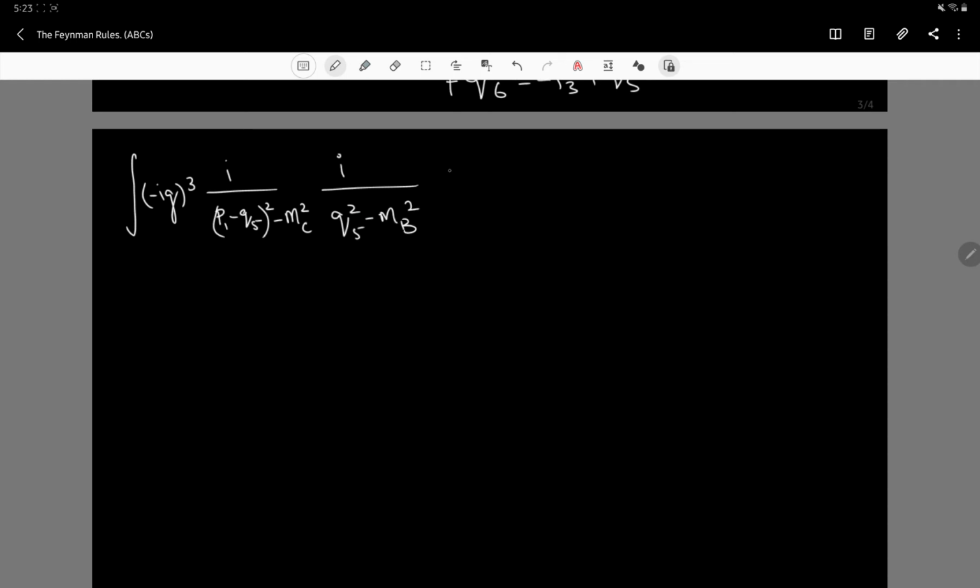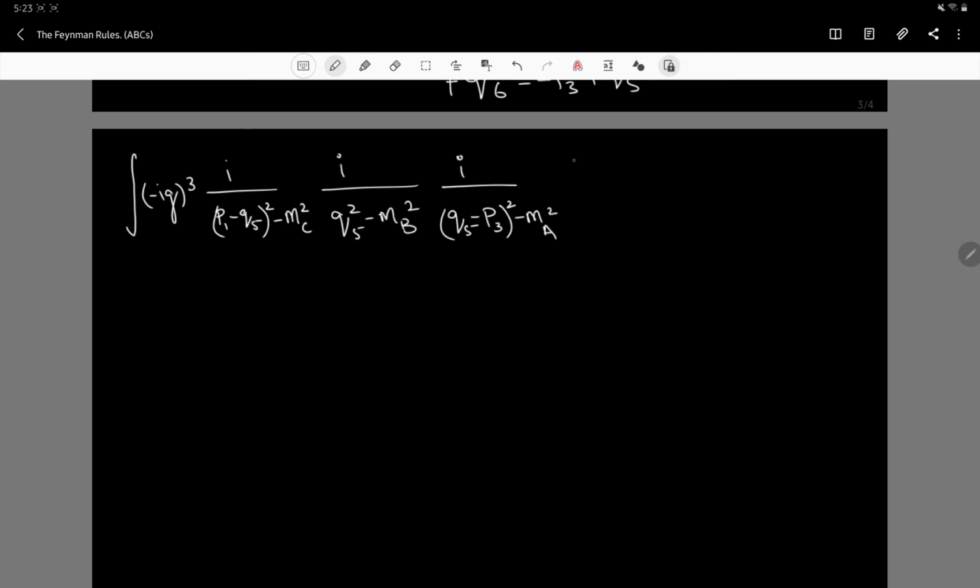So let's do it. Now we would have just one integral, because this q6 would disappear, negative iota g cube, iota over p1 minus q5 squared minus mc squared times iota over q5 squared minus mb squared, and iota over q5 minus p3. Now we're replacing this q6, so q5 minus p3 squared minus m a squared, right?